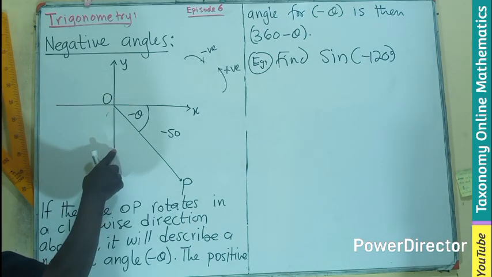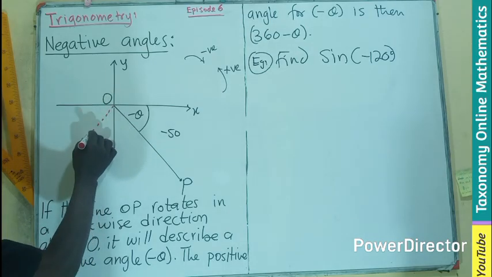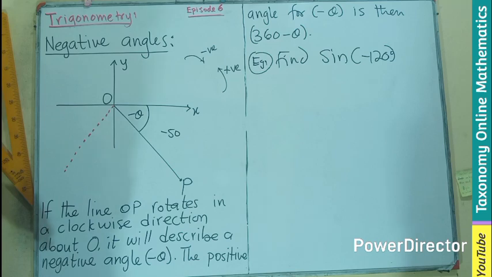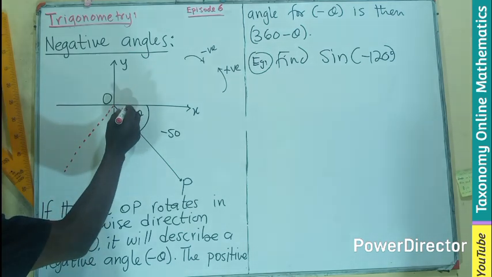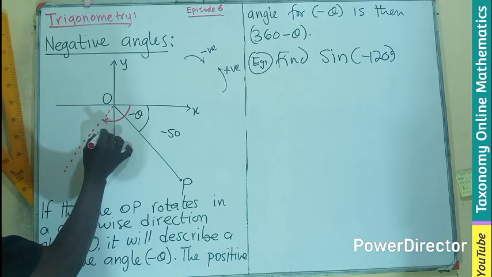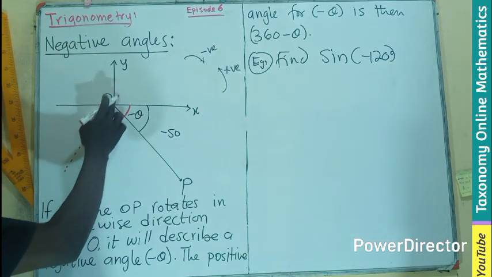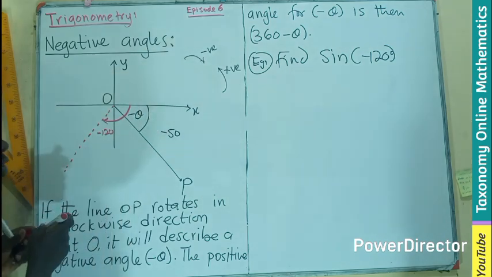What are we adding to 90 to get that? That will be 30. So this is our movement. As I move from here, I am having a movement of 120, and the negative shows that it is in the clockwise direction.